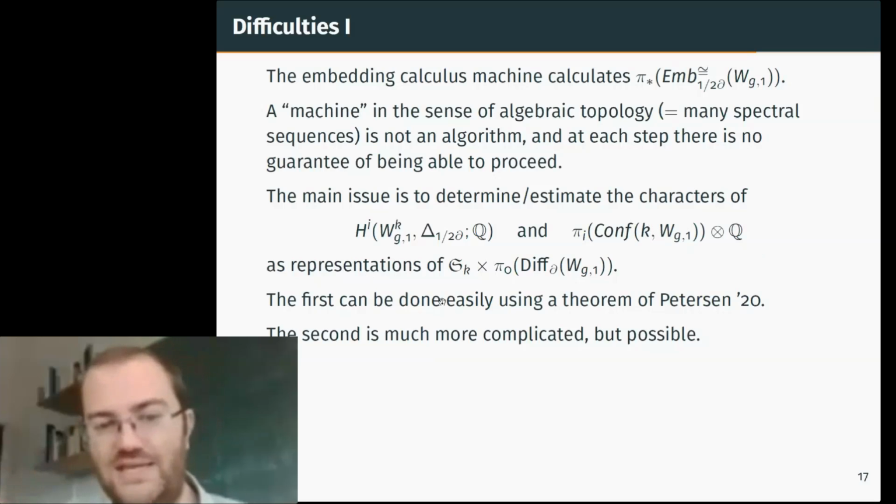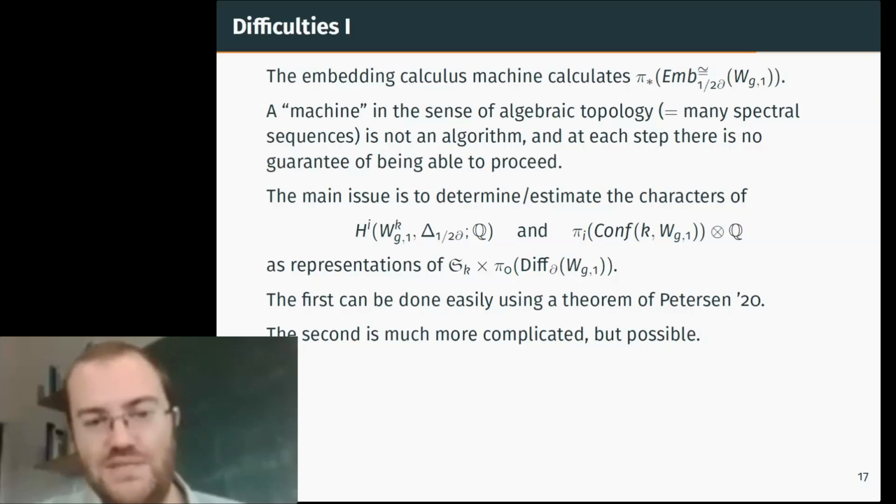And in both cases, there's an action of the symmetric group, here by reordering the configurations and here by reordering the factors. And there's an action of the diffeomorphism group of this manifold, just by naturality, or by functoriality of both sides. And what we need to do to proceed with this embedding calculus business is to calculate what these groups are as representations of the symmetric group and of the mapping class group of this manifold.